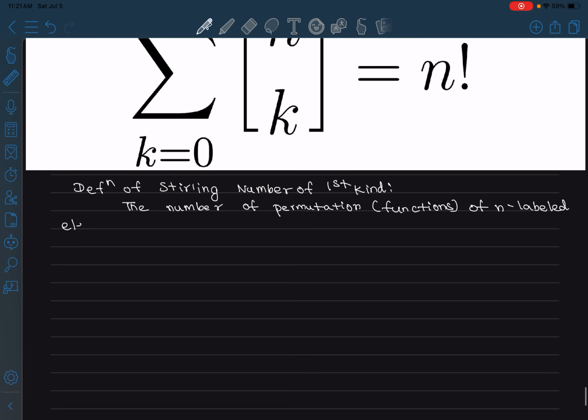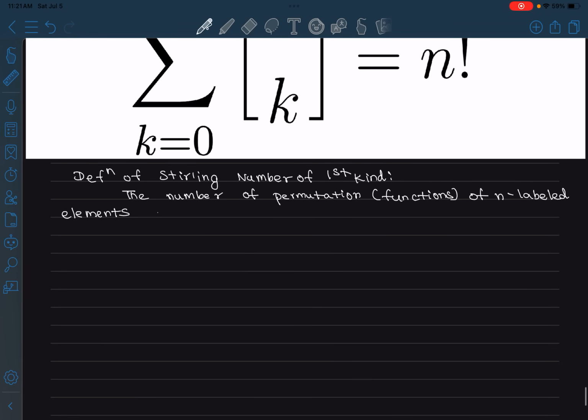That means distinct elements, let's say 1, 2, 3, something like that. I mean, it should be distinct, right? This should not be the really same thing. That consists of exactly k distinct cycles.